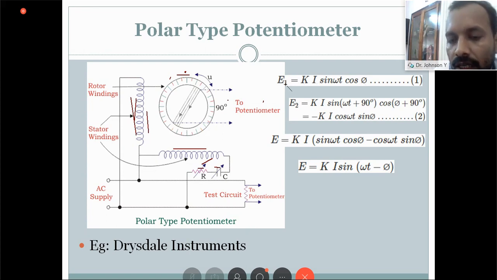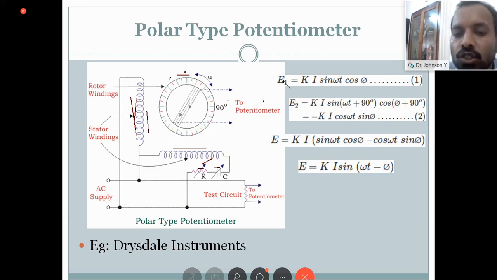So the induced EMF E1 is equal to a constant K into I sin omega t cos phi. And E2 is the induced EMF here, equal to K I sin(omega t plus 90) cos(phi plus 90), because it is in quadrature, so a 90-degree phase difference. Then using trigonometric calculations, that is equal to minus K I cos omega t sin phi.